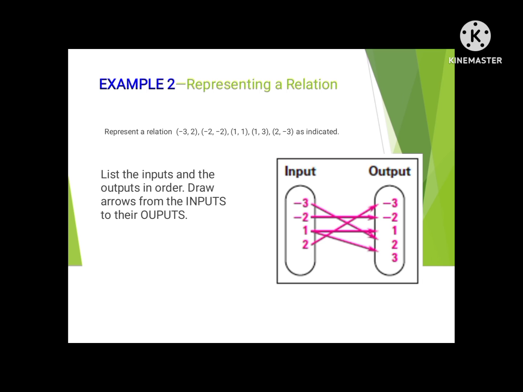The output we have -3, -2, 1, 2, and 3. So now the -3 in the input is paired to the +2 in the output. The -2 in input is also paired with -2 in the output.